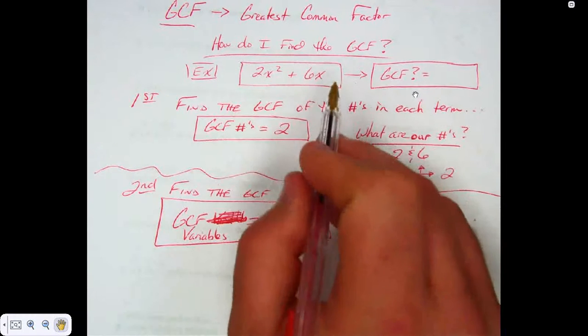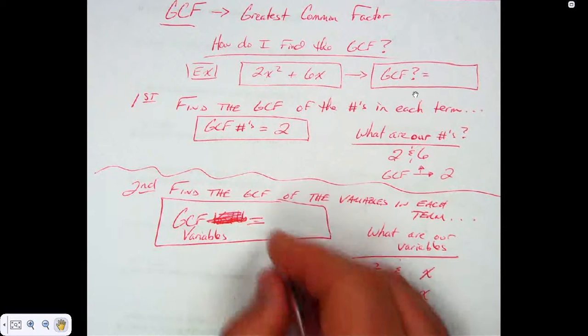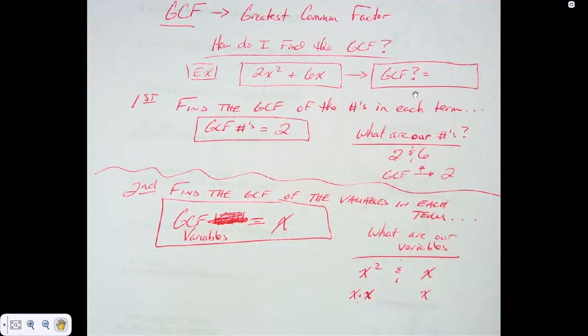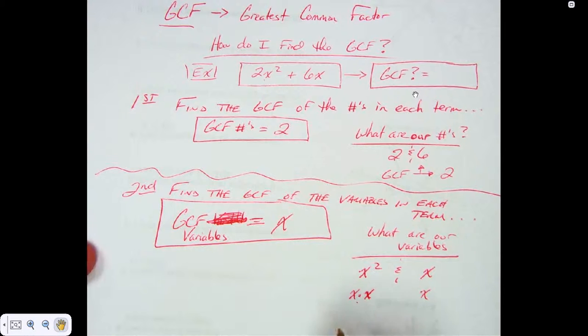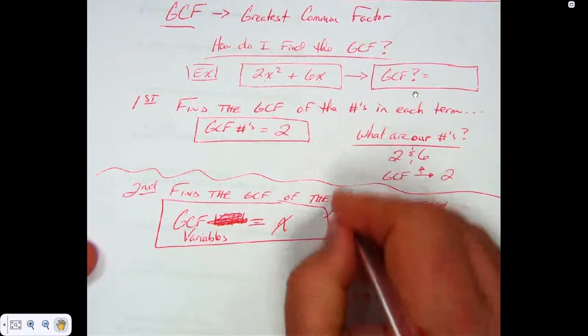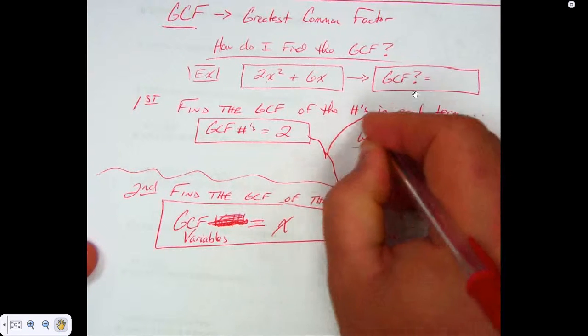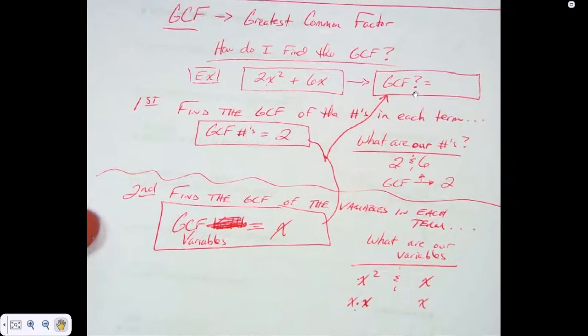What's the most in each of them? 1. So I can only pull out one of these x's, can I? So x is the GCF of my variables. It's simple. There's 2 here, 1 here. There's at least 1 in each one. So that's my GCF. So I combine those two to get my GCF.